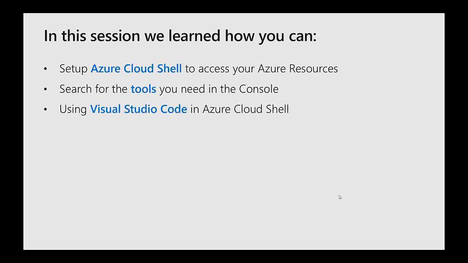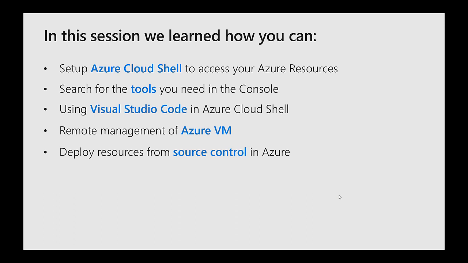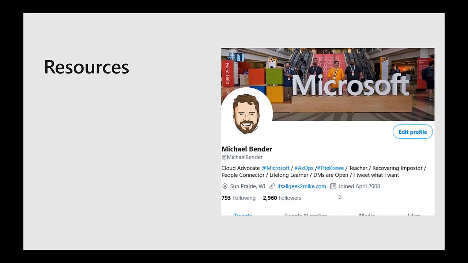We showed you the integration with Visual Studio Code and how we can use that with Azure Cloud Shell. Showed you how to do remote management for your Azure VMs. And we also walked you through how to deploy resources from source control in Azure. And then we finished up showing you different places to use Azure Cloud Shell, like docs.microsoft.com and the Microsoft Azure app.